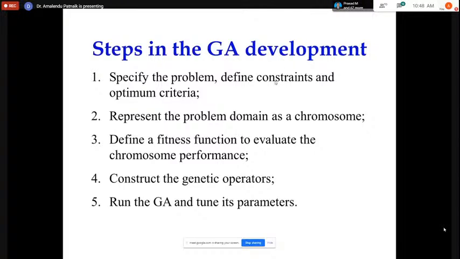The error between the actual value and the present value, you will find, is decreasing with the progress of these iterations.